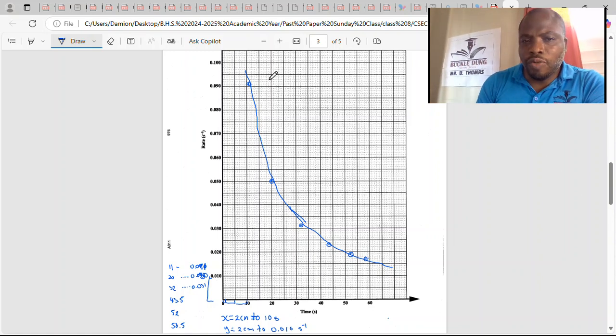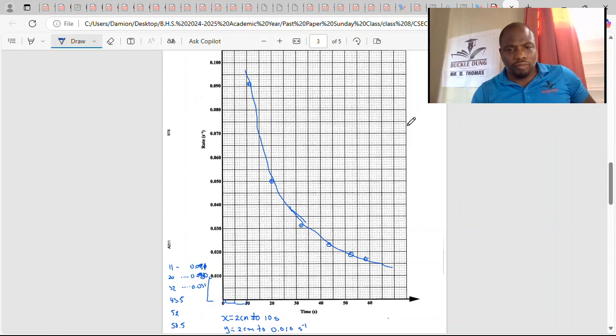So which one of them here do you think represents the one with the smaller diameter or radius? Which one of these represents the smaller radius? So 1, 2, 3, 4, 5, 6.